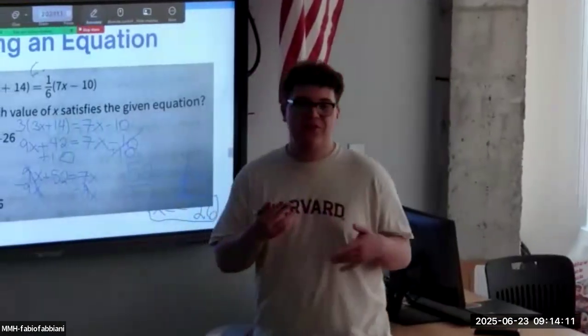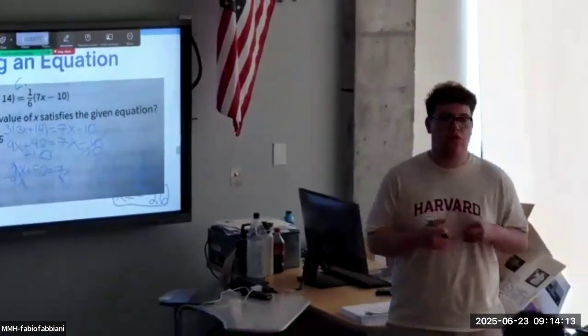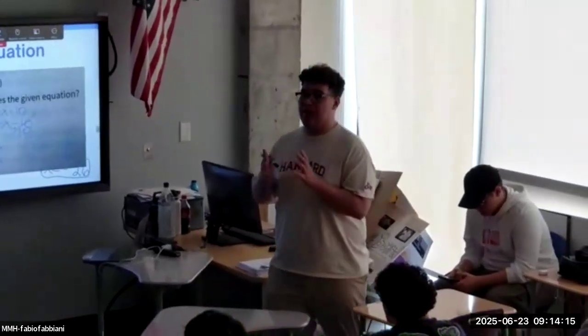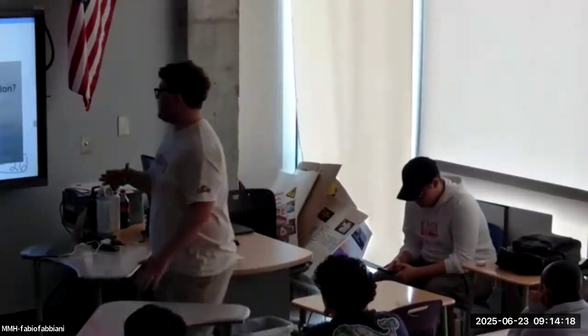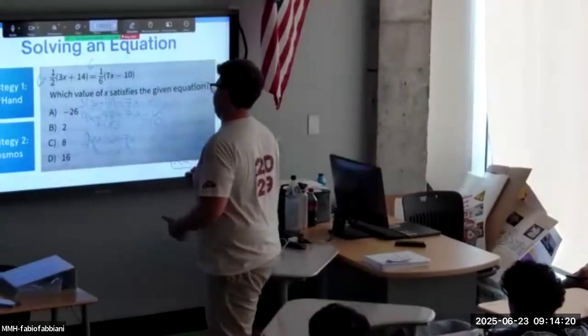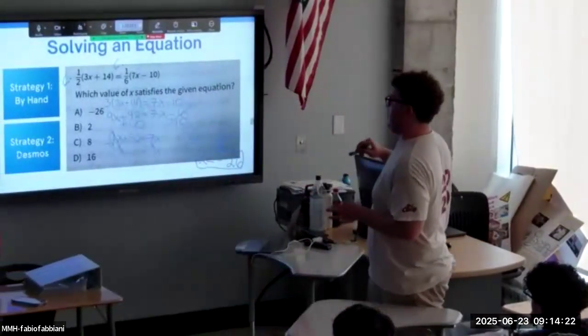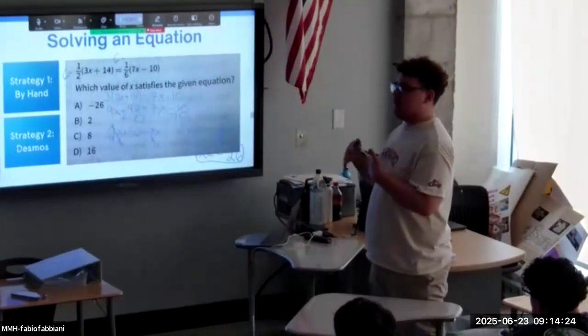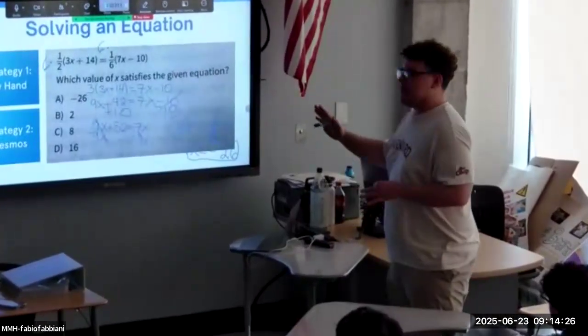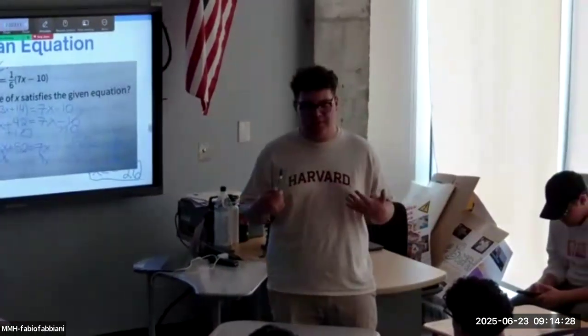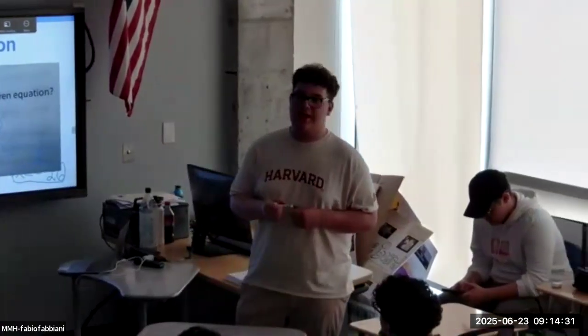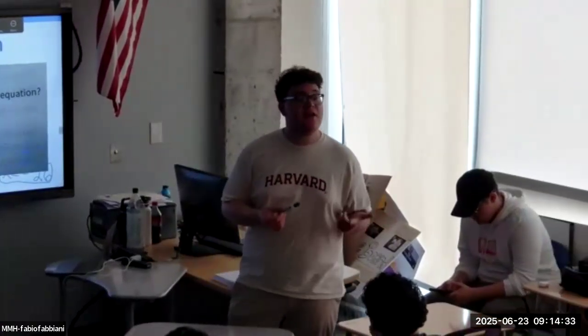If you're ever solving anything by hand, your goal should be to start getting rid of the stuff around the x, since you need to isolate x. If there's parentheses, try to get rid of that first. And with equations, the most important thing when solving by hand is whatever you do to one side, you have to do to the other.